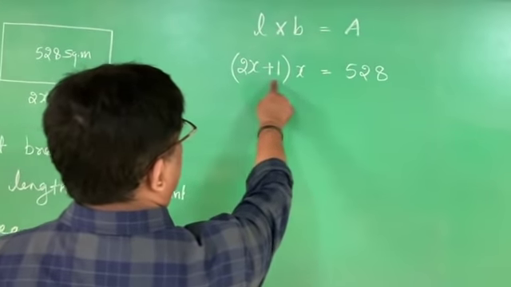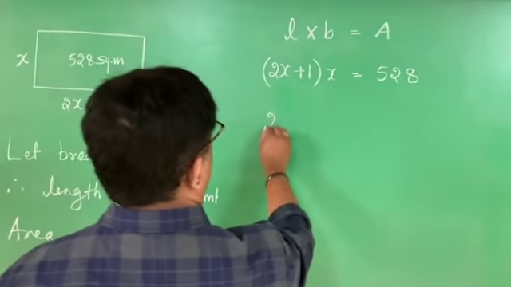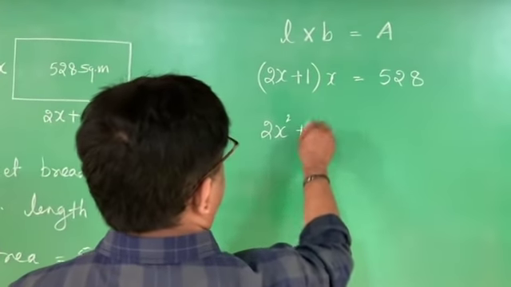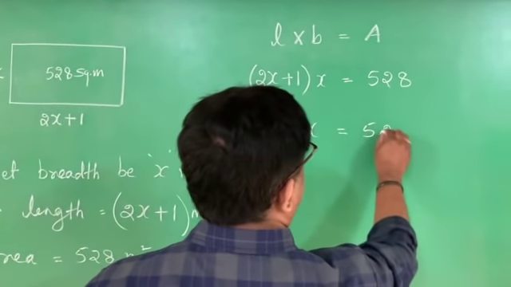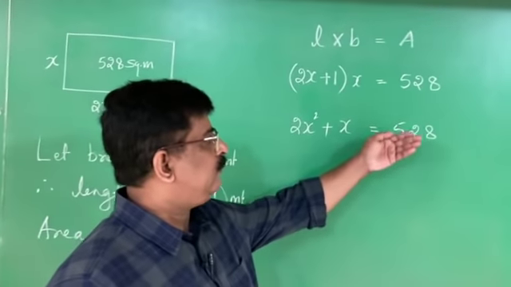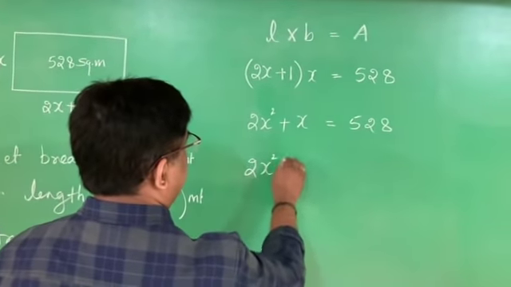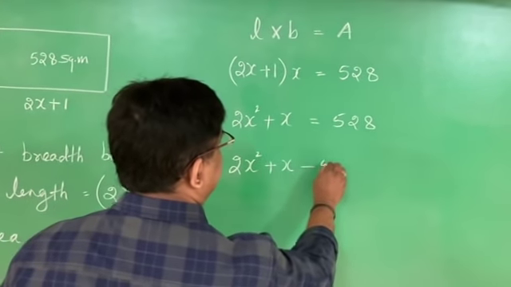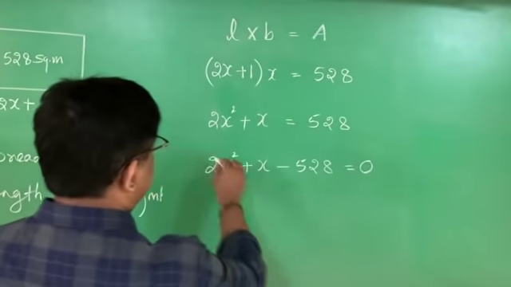Because it is a binomial and monomial, you have to multiply x into 2x. 2x square plus x into 1, x is equal to 528. Now I transfer 528 to this side. 2x square plus x minus 528 is equal to 0.